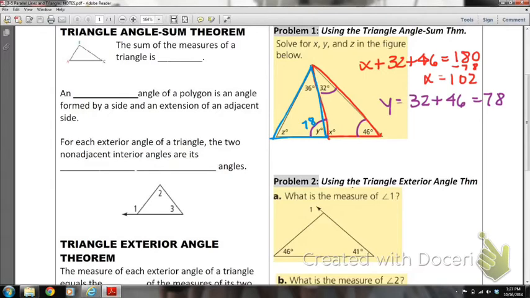So we have z plus 36 plus 78 has to equal 180. So let's see, 36 and 78 is 114. So subtract 114 from both sides, and z is equal to 66.